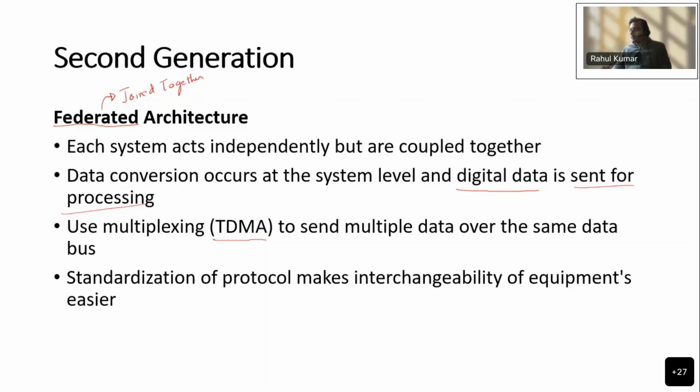This way multiple systems can share the same data bus, and obviously you can reduce the wiring in the aircraft.